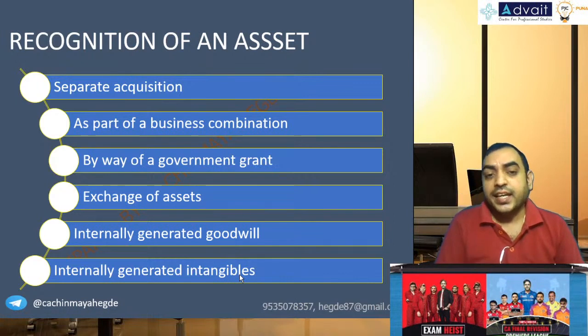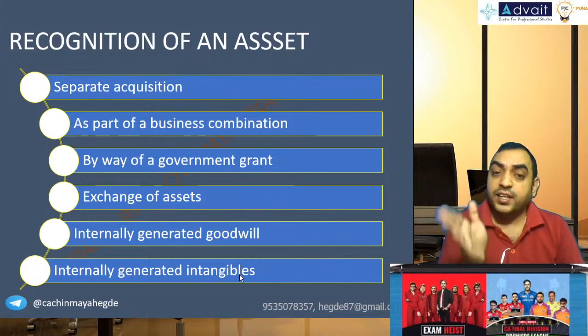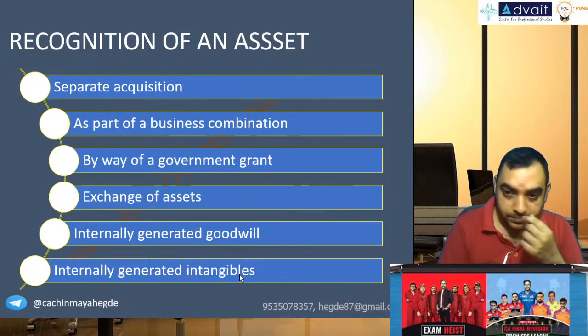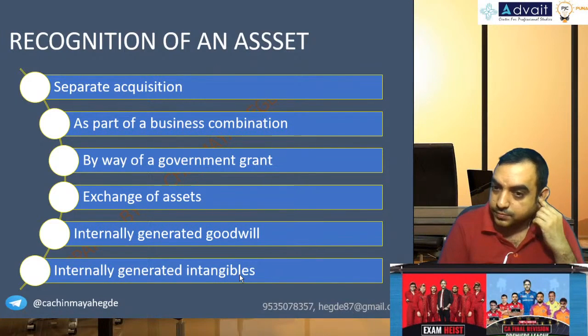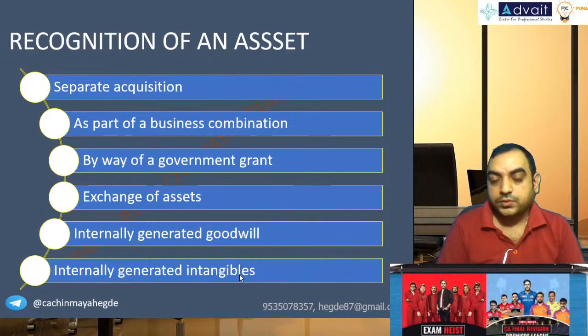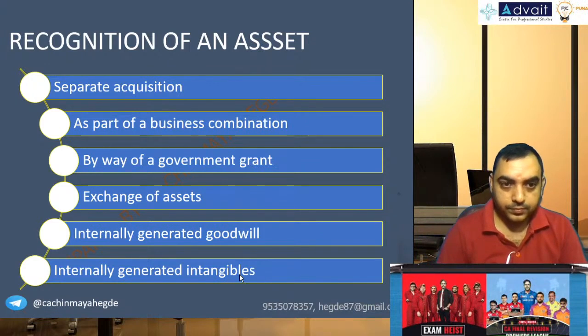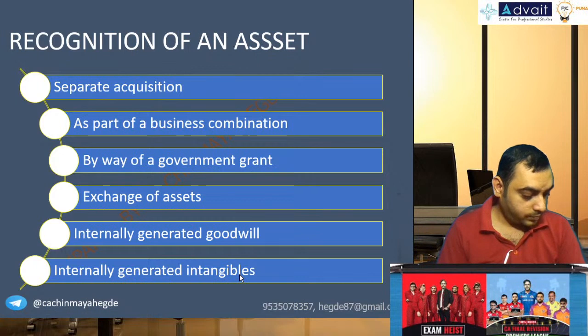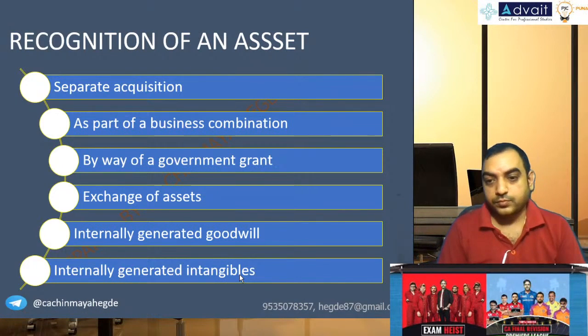Goodwill is one special asset. It can never be computed accurately. It's always computed as a balancing figure. That's why. Okay.